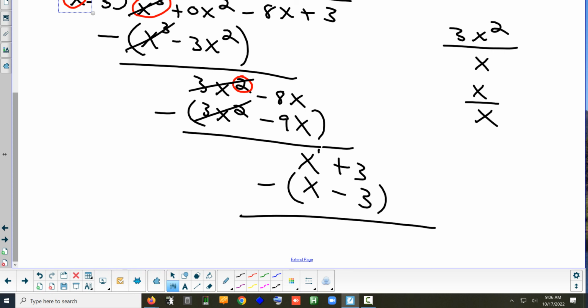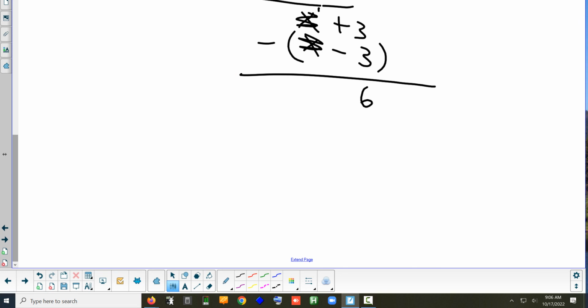When I subtract there, what's x minus x going to give me? 0. Yep. So that cancels out. And what about 3 minus negative 3? 3 minus negative 3 is 6. Good. That's my remainder.